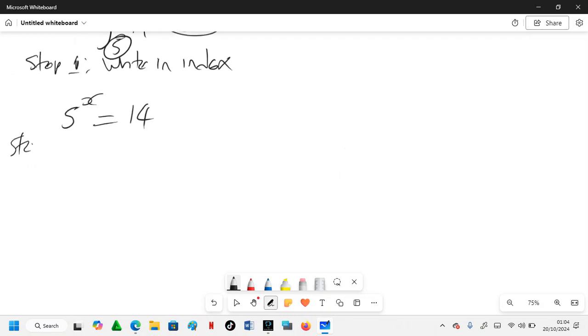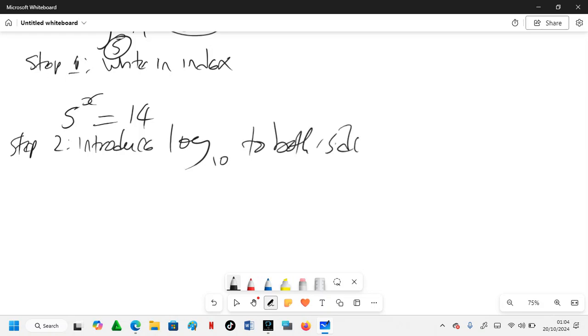And then step 2, we're going to introduce log to base 10 to both sides, so that we have log 5 to the power x is equal to log 14.